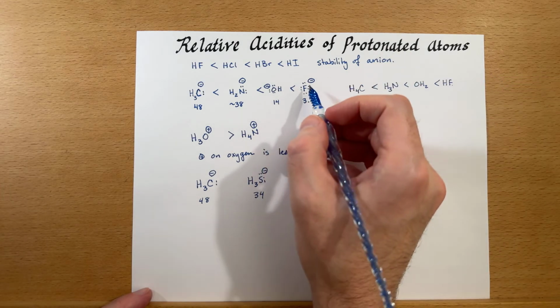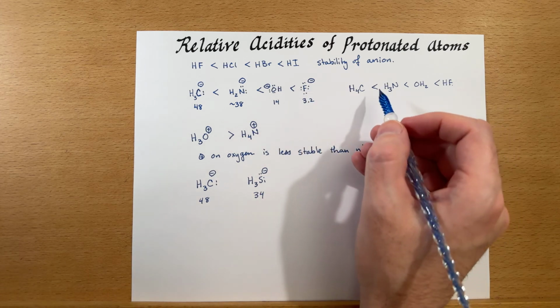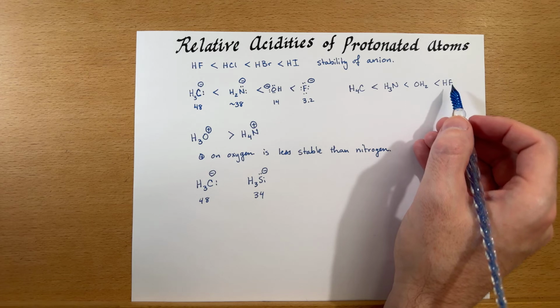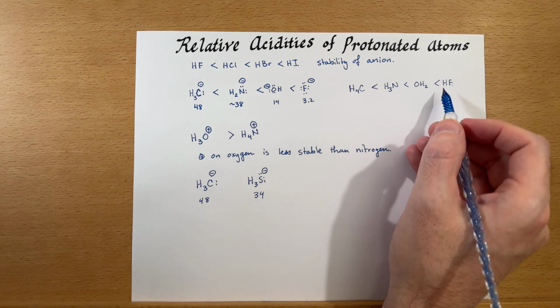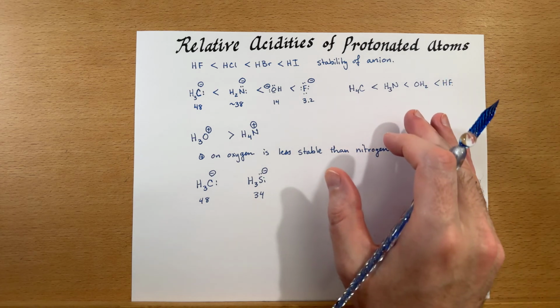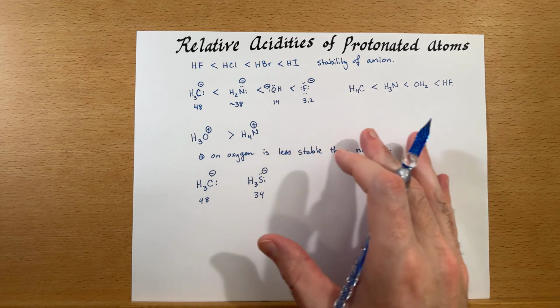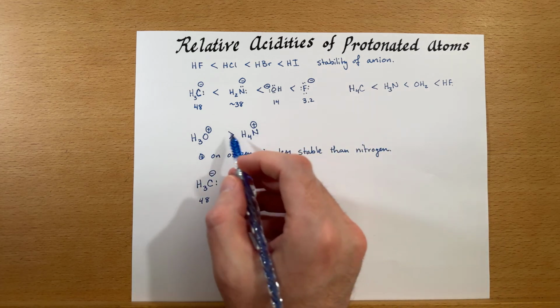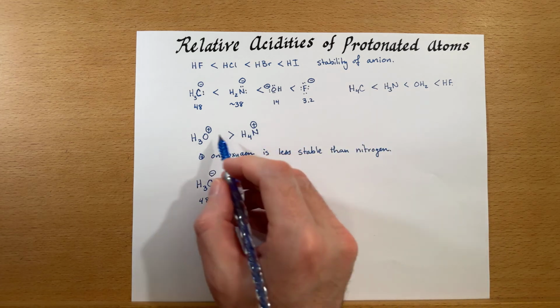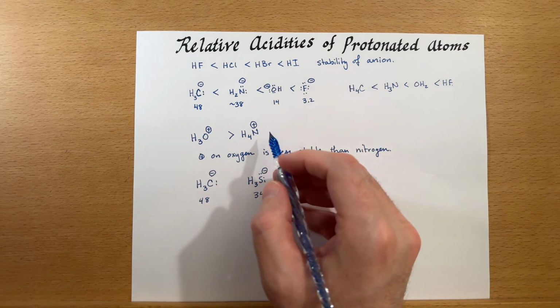We're just using the anion to illustrate how we can evaluate these, right? Because the acid is less stable than the others, and we can compare those directly because these are the charged species and we can see that a lot easier.